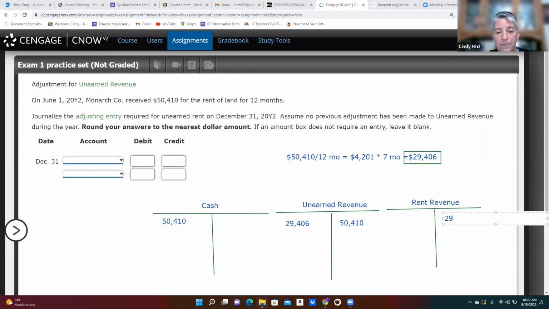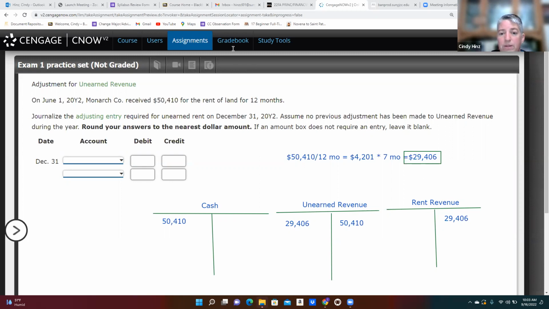And the credit, again, this is an adjusting entry, so it has to include one balance sheet, one income statement account. Clearly, there's a connection between this unearned revenue liability on the balance sheet and the earned revenue on the income statement.